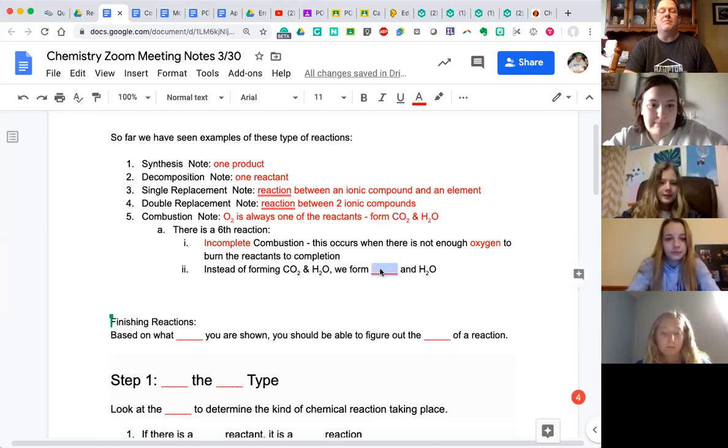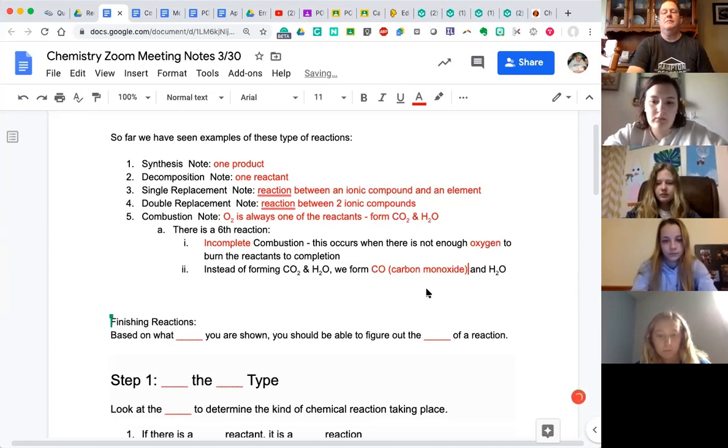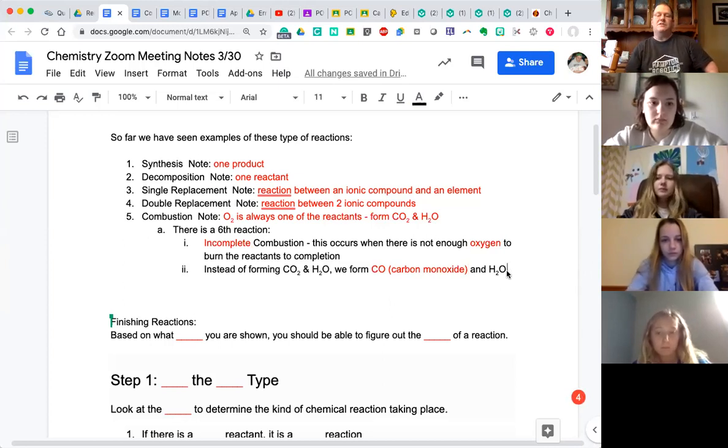So instead of forming carbon dioxide and water, we form carbon monoxide and water. Now, this is sometimes why furnaces are dangerous.